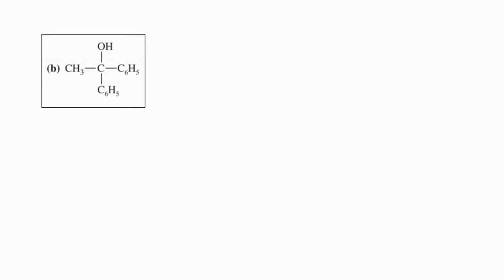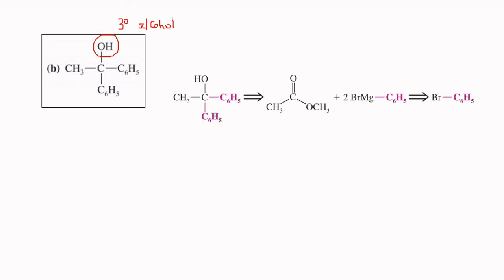Okay, let's take a look at another compound. So this is also a tertiary alcohol. Do you still remember how we are going to make a tertiary alcohol? From ketone, yeah? Okay, let's take a look.